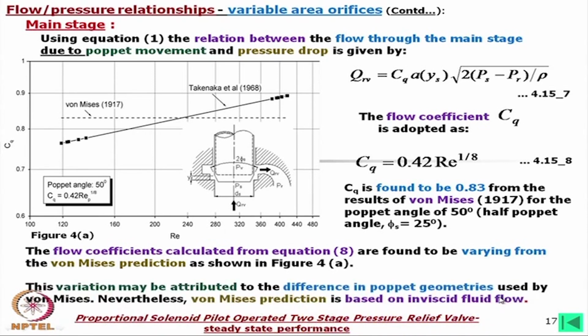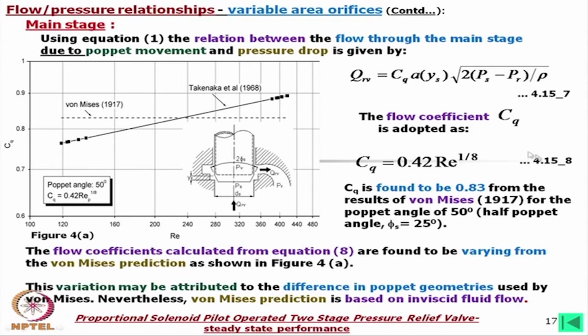Now, this variation may be attributed to the difference in poppet geometries used by von Mises. This is one point, and the second point is that he did it for inviscid fluids, whereas in this case all the fluids will be viscous. So through the experiment we found that this formula holds good for this type of valve, this type of poppet, the main poppet.